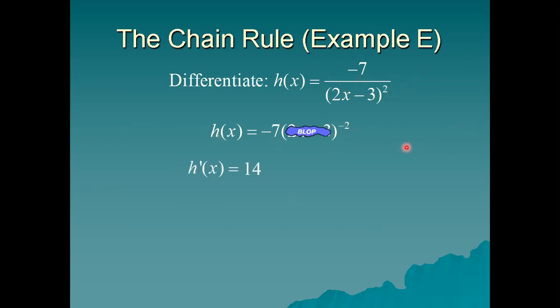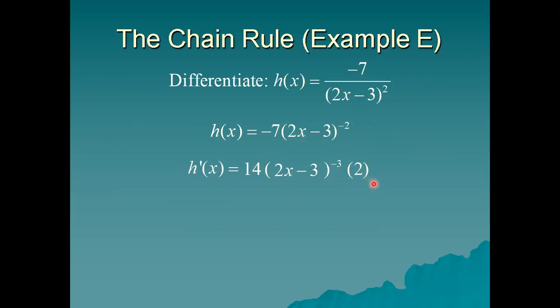After that, we follow the rule: 14, because negative 2 times negative 7 is positive 14, times the quantity, and the exponent will turn into negative 3 because negative 2 minus 1 is negative 3. We copy the inside function, 2x minus 3, times 2, because the derivative of 2x minus 3 is 2.